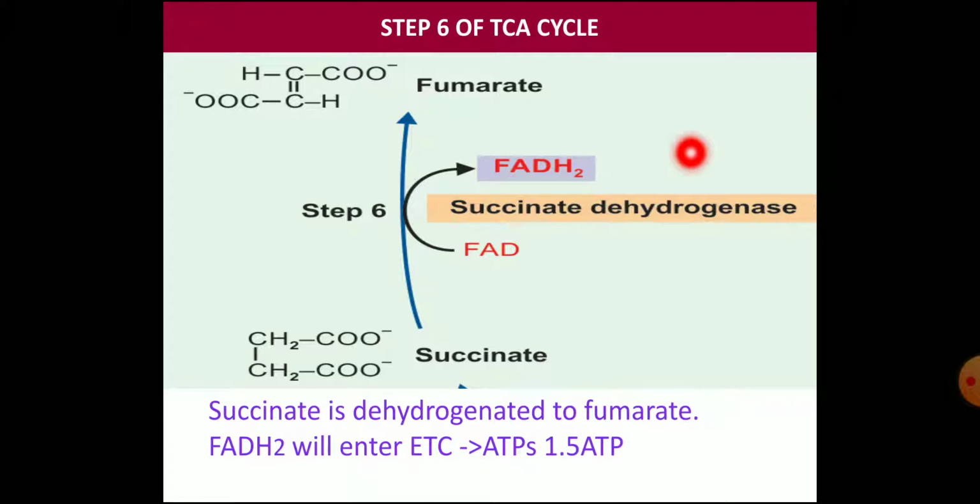So now this 6 plus this 1.5, 7.5 molecules of ATPs are now synthesized, right? So succinate is acted upon by succinate dehydrogenase enzyme and forming the fumarate. Here the succinate is dehydrogenated to fumarate, and FADH2 will enter the ETC, and then 1.5 molecules of ATP are produced.